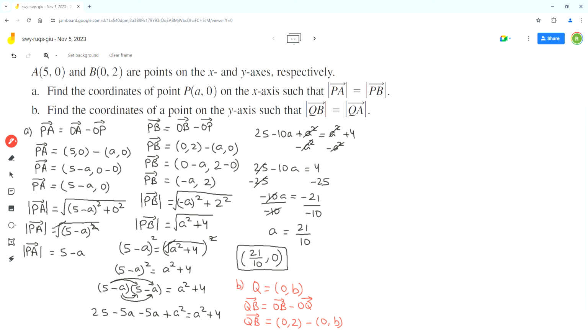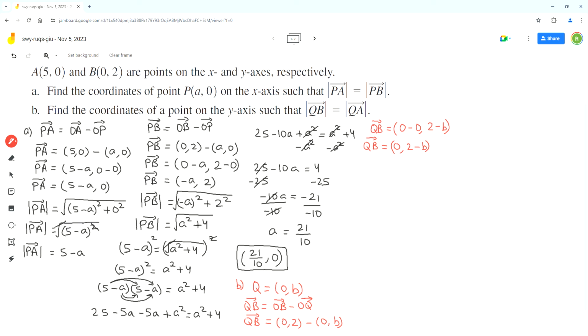Now we can subtract these vectors. So we'll subtract the x components and the y components. So this is vector QB.